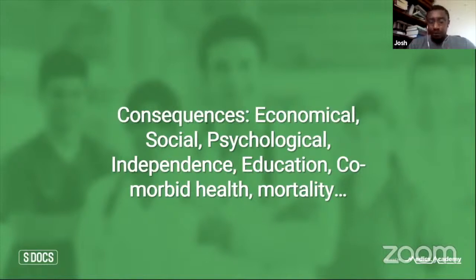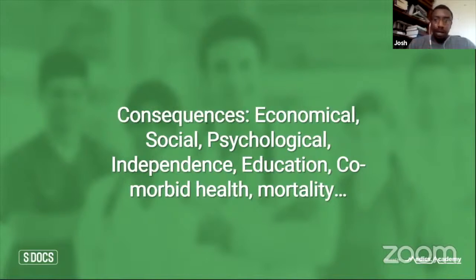It can really severely affect education if you're blind or visually impaired as a child. It's going to increase your comorbid health issues. In particular, those who are blind and visually impaired are at a lot more increased risk of falls and mechanical injuries. And those who are blind and visually impaired also have a lower life expectancy.